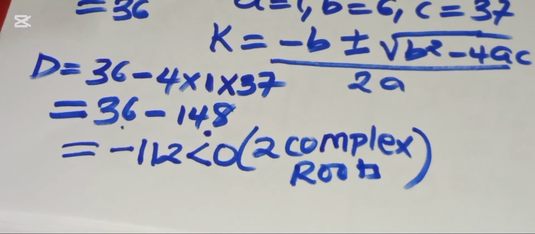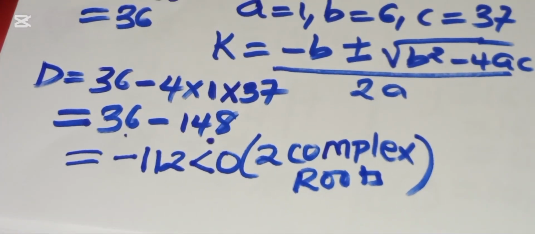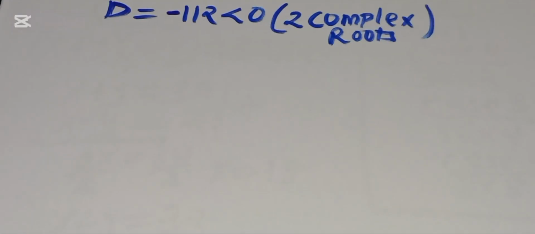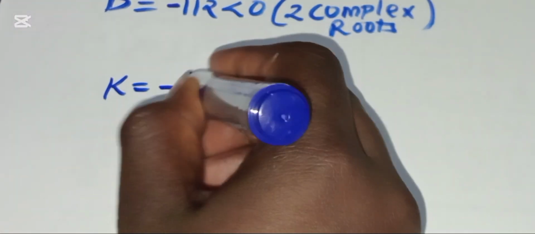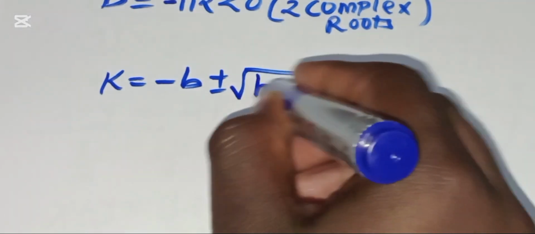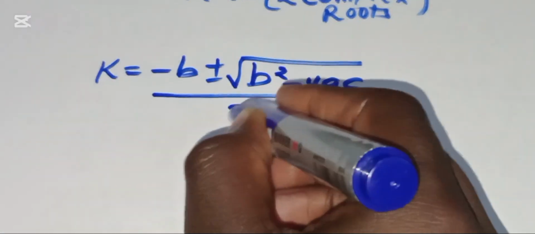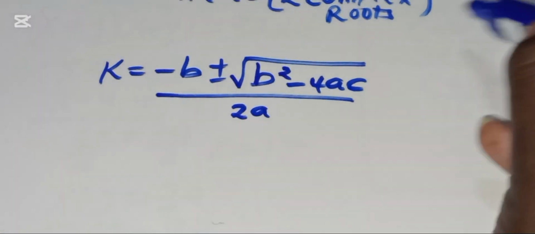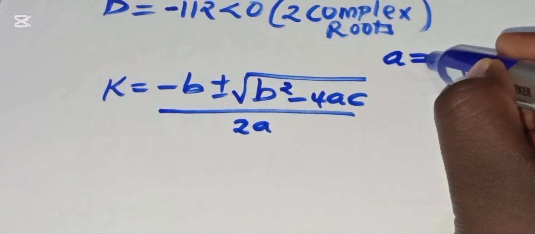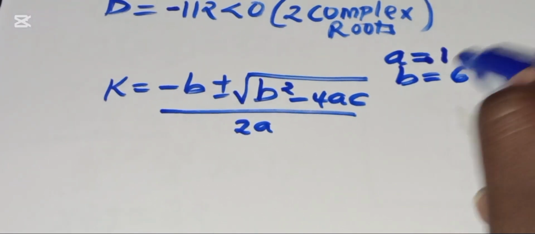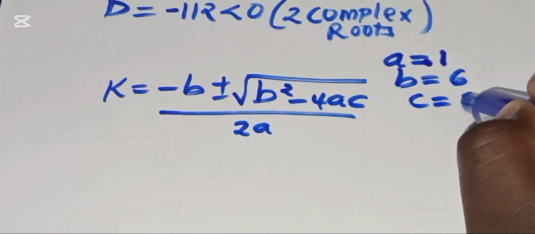And so for this imaginary root, we apply the quadratic formula as we have expressed here. Applying the quadratic formula, we're going to have k is equal to negative b plus or minus the square root of b squared minus 4ac, divide everything by 2a. From our quadratic equation, a is equal to 1, b is equal to 6, and c is equal to 37.